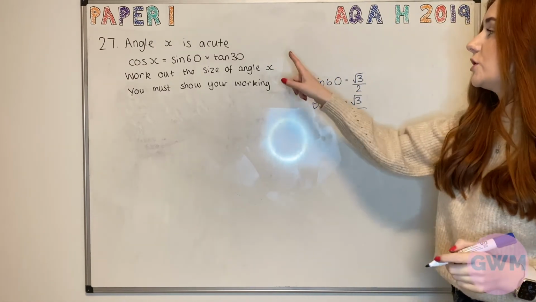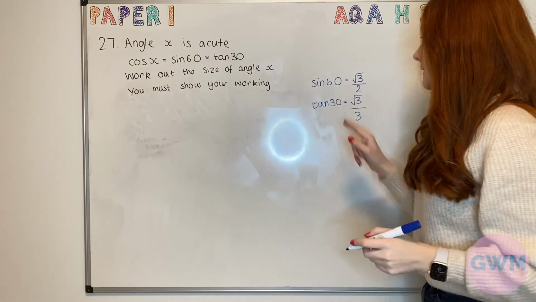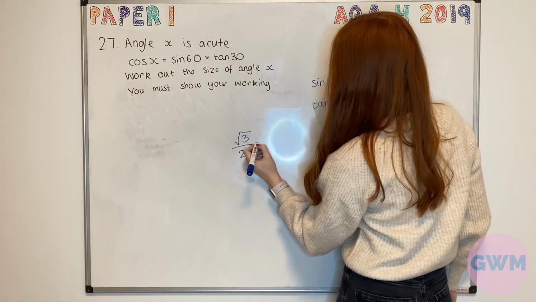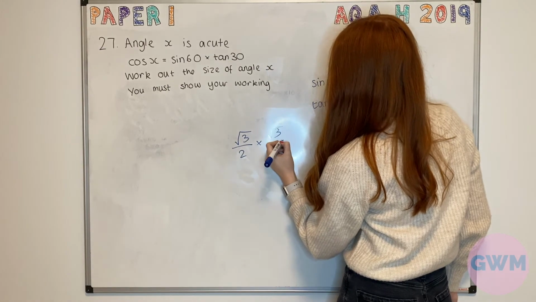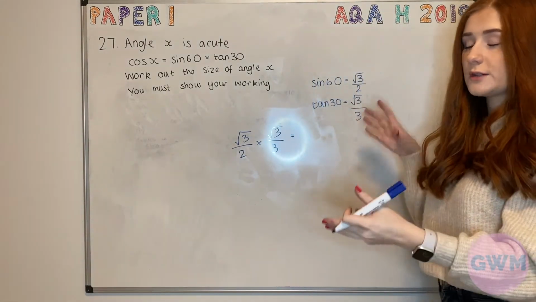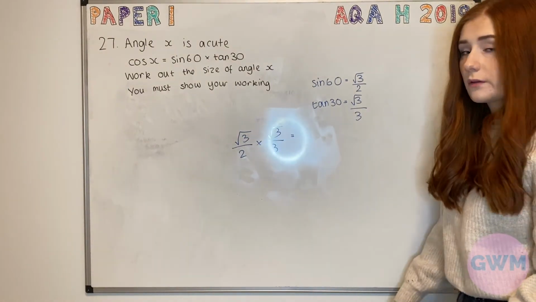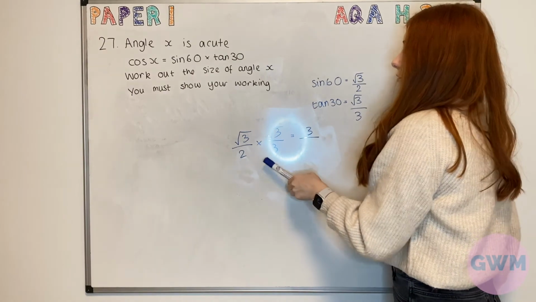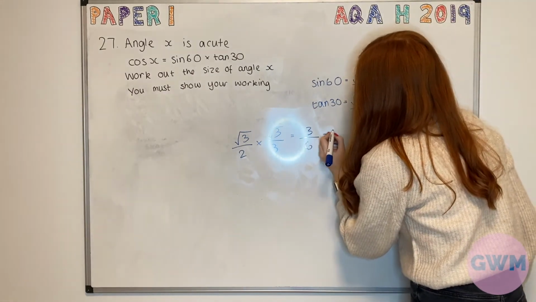So now we've got our two values, we can times them together. So we can do root 3 over 2 times root 3 over 3. Now remember, we times the top together for a fraction, we times the bottom together. Root 3 times root 3, well that's just 3, the square roots cancel out. 2 times 3 is 6, which means a half.